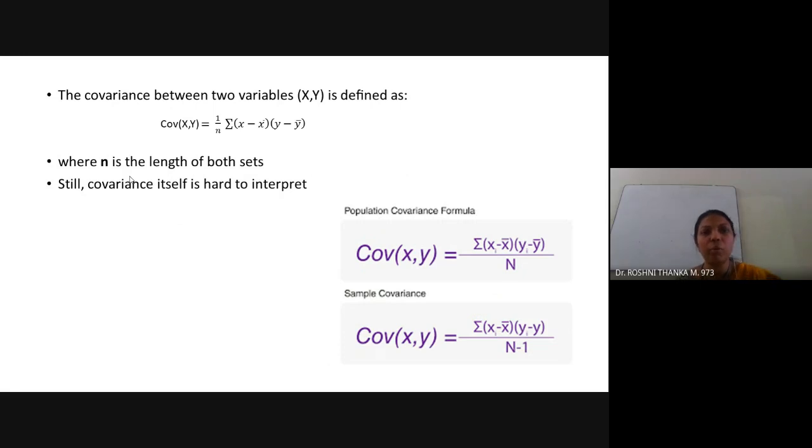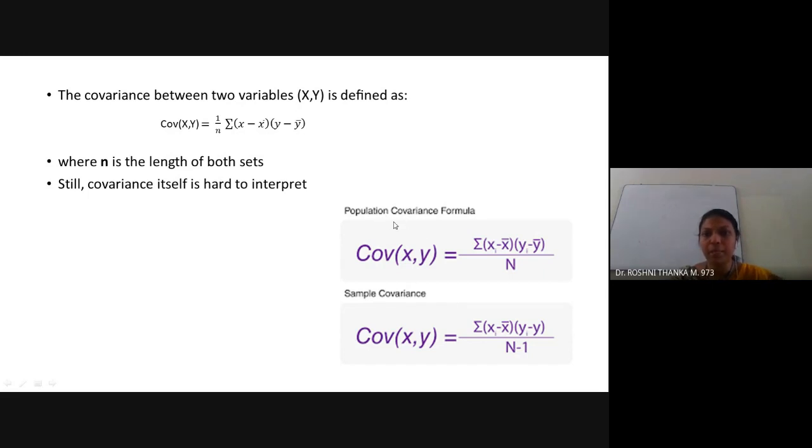The covariance between two variables x and y is defined like this: the particular attribute minus x bar, where x bar means the mean of all the values of this particular attribute, times y minus y bar, where y bar specifies the mean of the values in that attribute, divided by n. Using this formula we can find the covariance between these two variables.